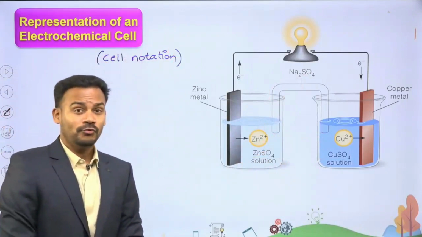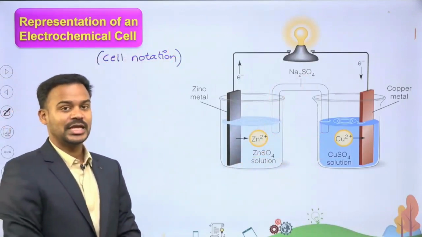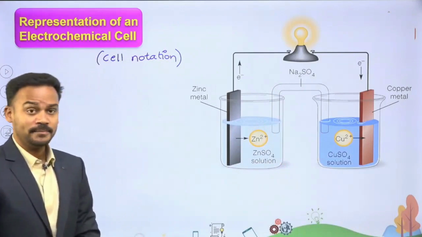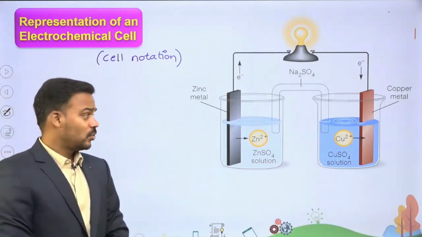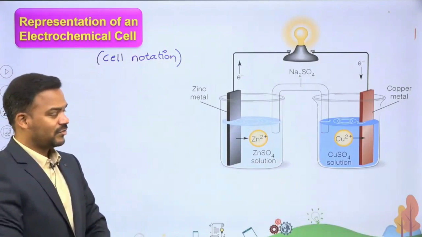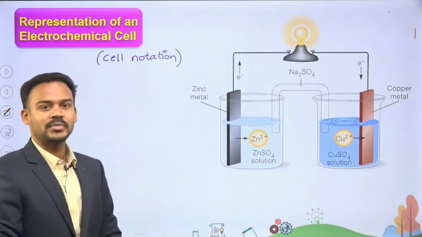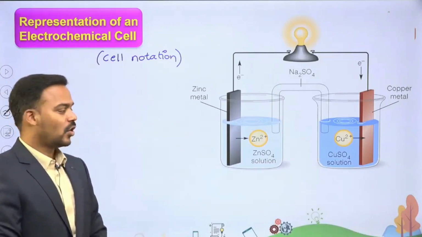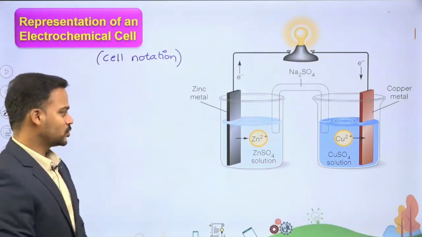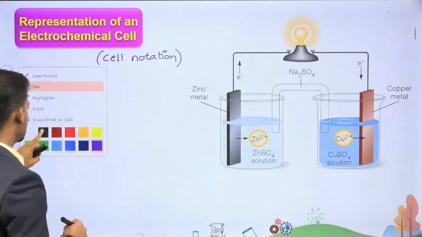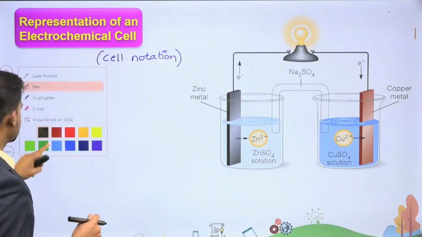We have to follow the standard conventions given by IUPAC. According to IUPAC, whenever you want to represent an electrochemical cell, a voltaic cell, on paper, you just have to follow a few techniques.